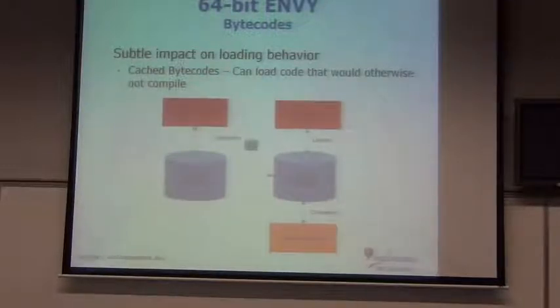But in the 64-bit, the reason is because the bytecodes were cached, so it never actually compiled it. Had it compiled it, it would have said, this doesn't compile. In the 64-bit now, it's never seen this code before. And so when he asks Indy, I want to load this code, it says, I don't have any bytecodes for your version level, so I guess you're just going to have to compile it.